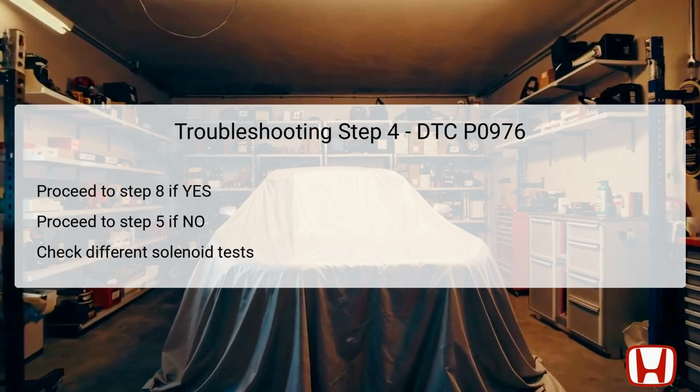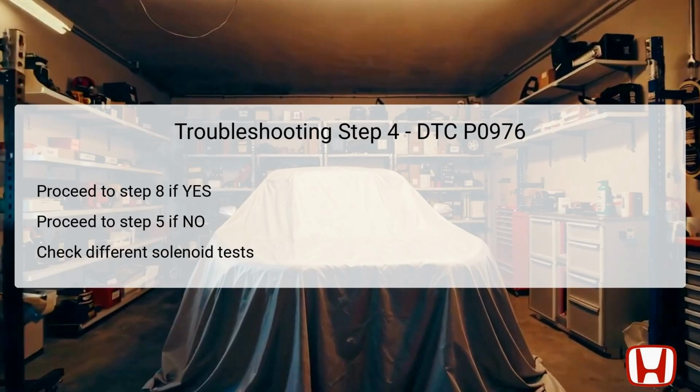Once you have established the presence or absence of DTC P0976 in the system, you must proceed accordingly. If the HDS indicates that the code is present, you will move on to Step 8 for further investigation into the electrical circuit.